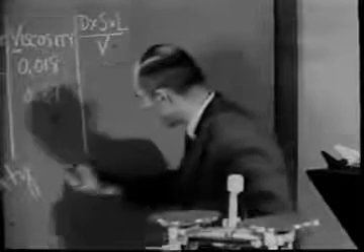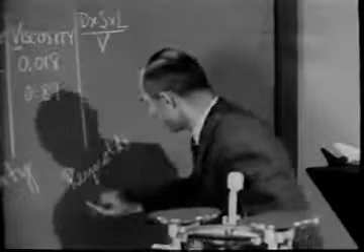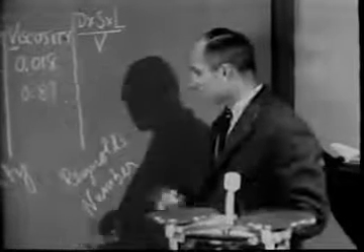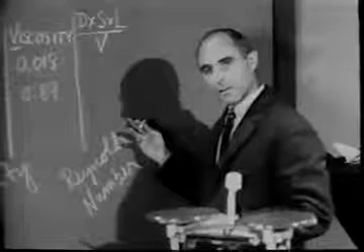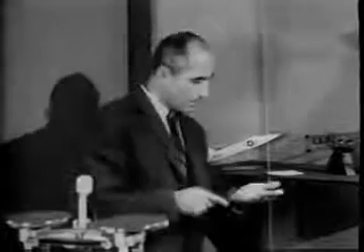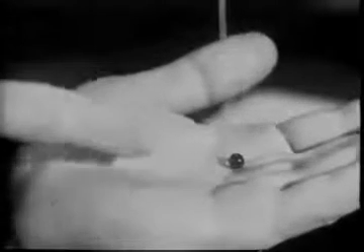Here are two geometrically similar objects, both spheres. This plastic ball with a diameter of 0.60 centimeters. And this is a helium-filled balloon with a diameter of 100 centimeters. By adding various weights to the balloon, we carried out a series of experiments, in each of which the terminal speed of ascent had a different value.